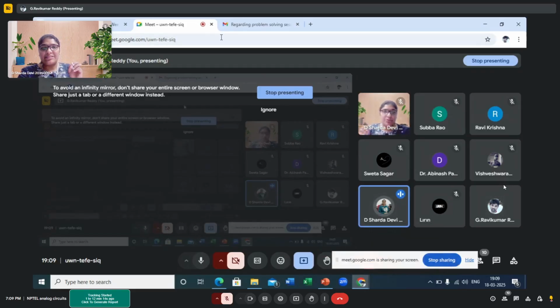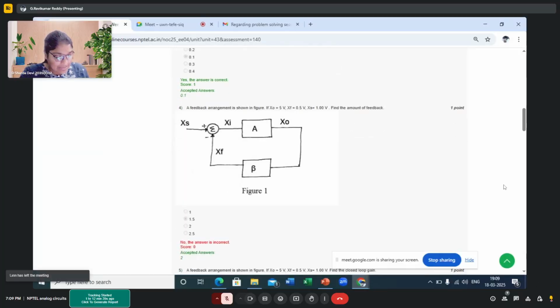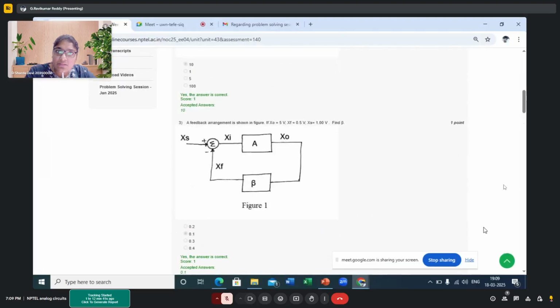Can you show the question once again? Xs is 1 volt. Find the amount of feedback. Are they asking for beta? No, madam, the question above is beta. Okay, so it is 0.1.